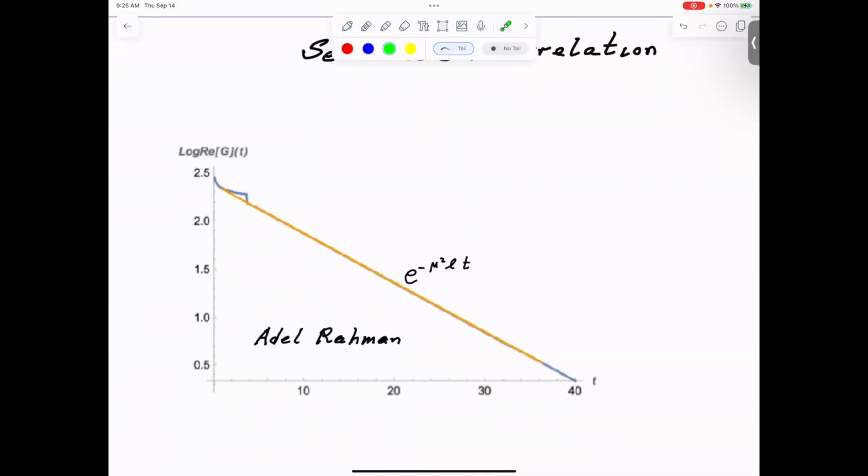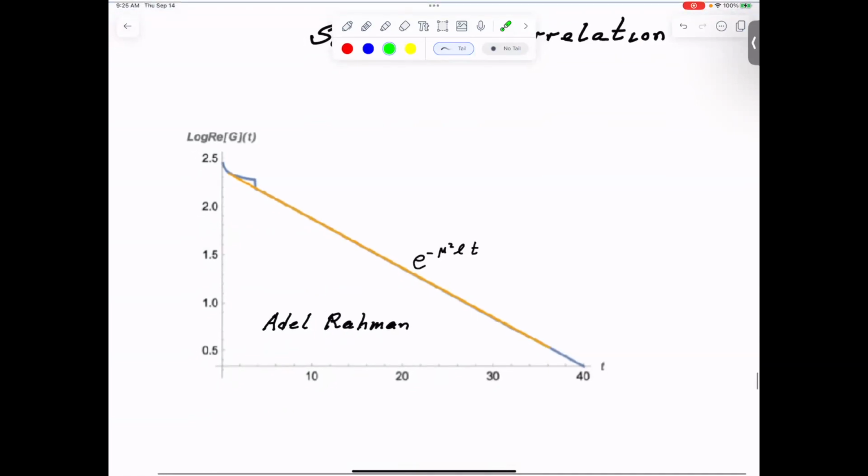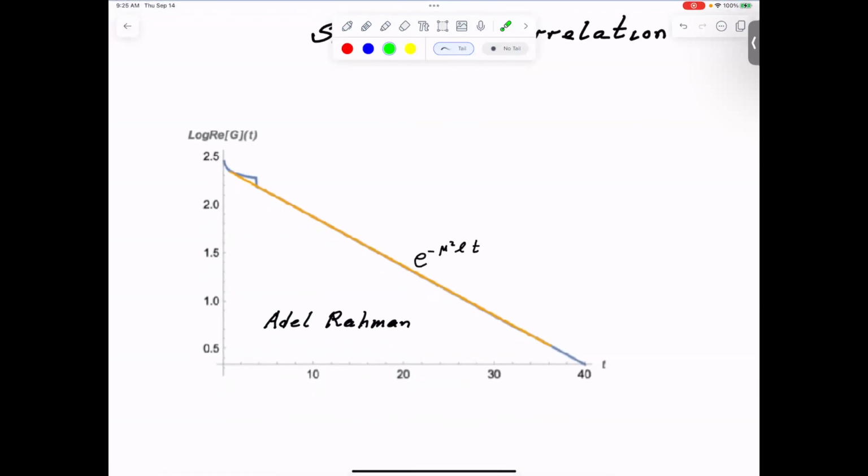Adele, my student, has calculated in the bulk theory, in JT gravity, the singlet correlation function. This is a logarithmic plot, so a straight line means an exponential decay. It really does look very exponential with a little glitch over here.